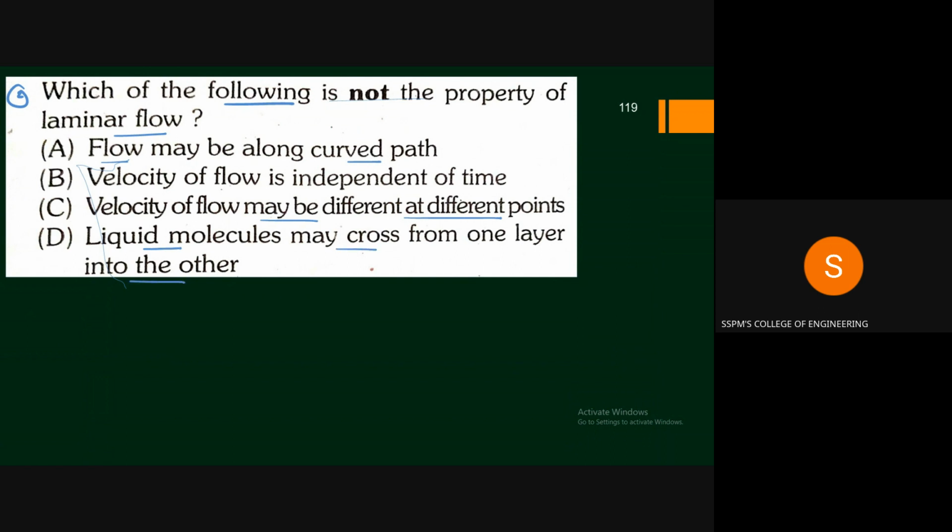So which is not the property, that is, which is not the correct statement. The last is not the correct statement for the laminar flow, so the option here is option D. Liquid molecules may cross from one layer into the other layer. For laminar flow, all the particles will remain in a single layer. There is no mixing. So the option here is option D.